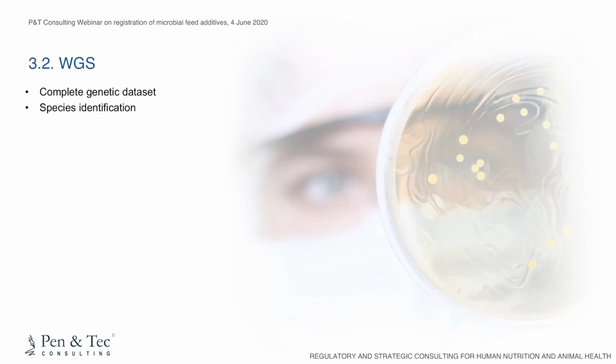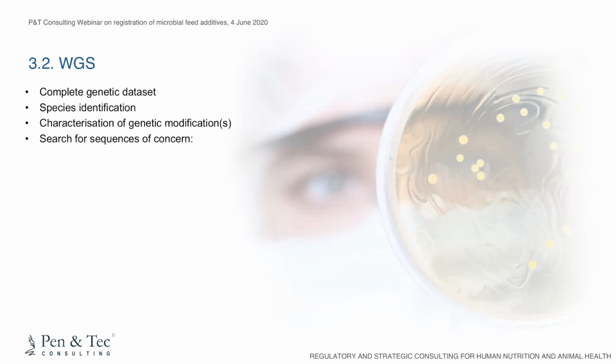The whole genome sequencing is used for species and strain identification, for bacteria and yeast, and for fungi if available. The whole genome sequence is also used for the characterization of the genetic modification whenever relevant.